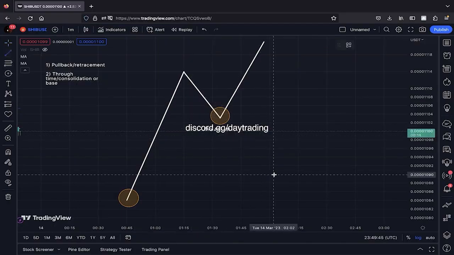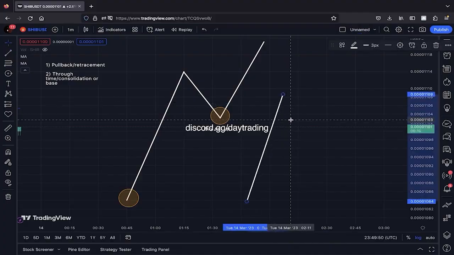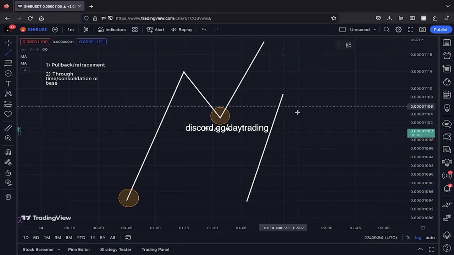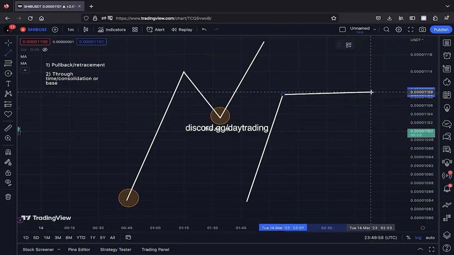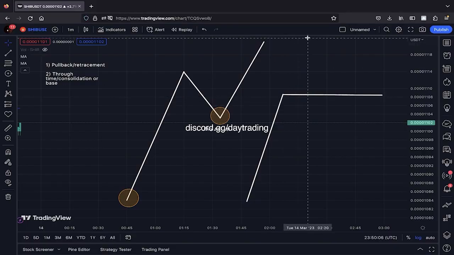Another way price corrects is, let's say we have the same rally, we have a huge rally. We can correct through time, or in other words, through a consolidation or a base, right? Where we actually just stay at the highs of this rally, right? Maybe at this point, there aren't enough buyers to propel this stock or crypto higher.